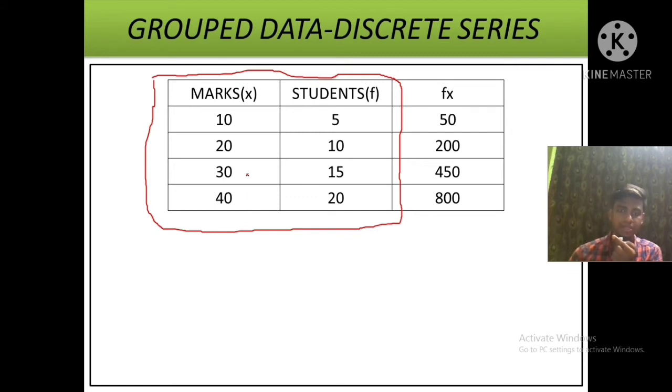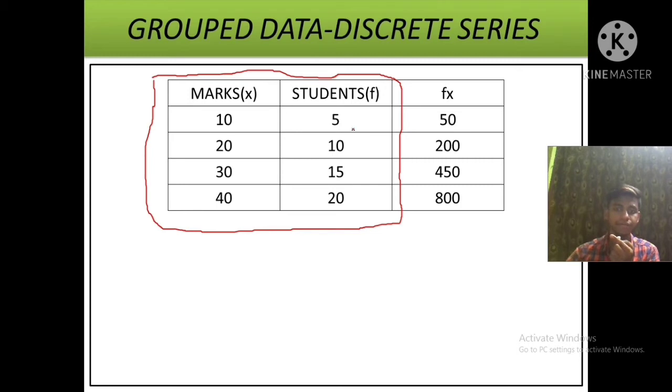Here you can see 5 students, 10 students, 15 students, 20 students present in a group, and they have got particular marks. As they are in a group and not single, this type of math belongs to grouped data discrete series. In this case our formula is summation of fx divided by summation of f.